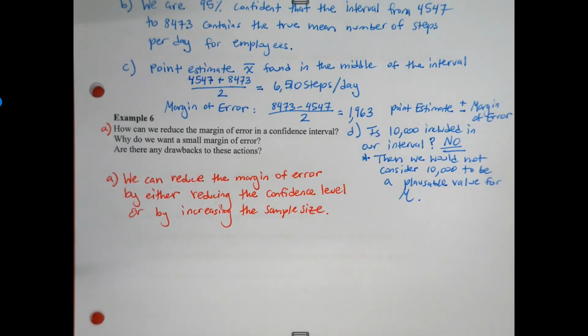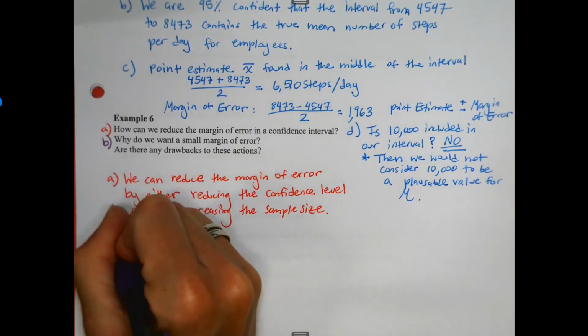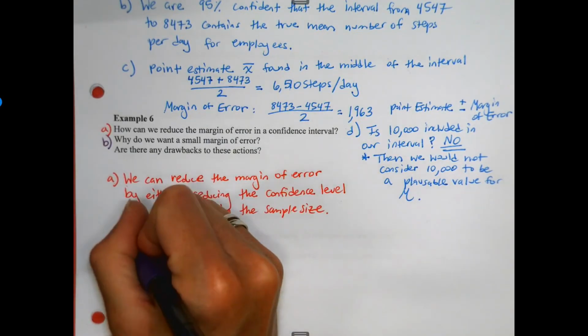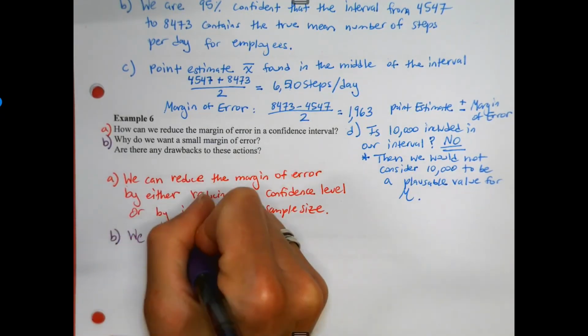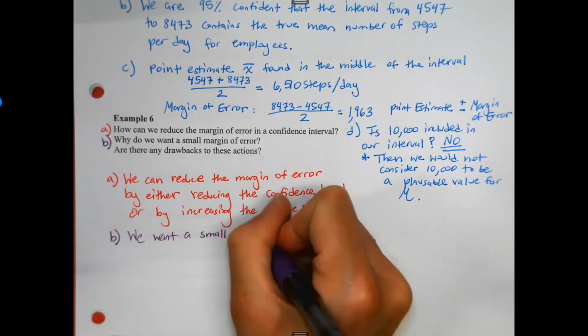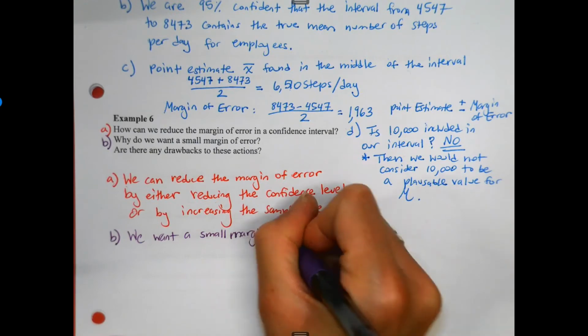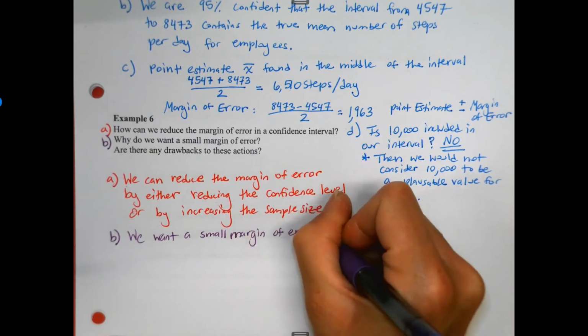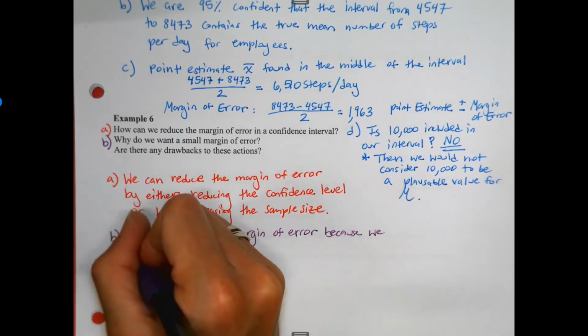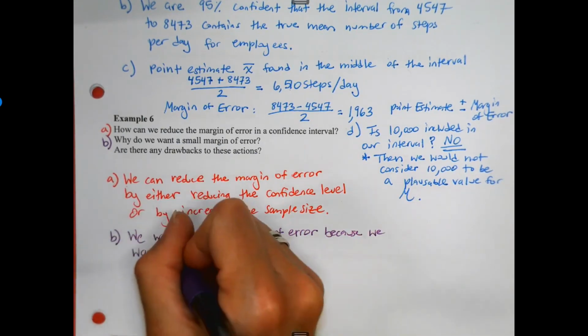For part B, it says, why do we want a small margin of error? And for the second part here, I'm going to call it B. And we want a small margin of error because we want more precise estimates.